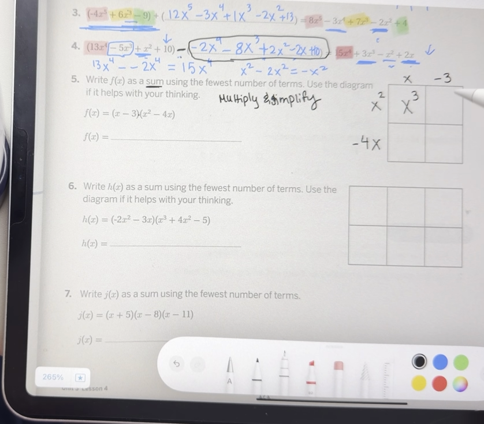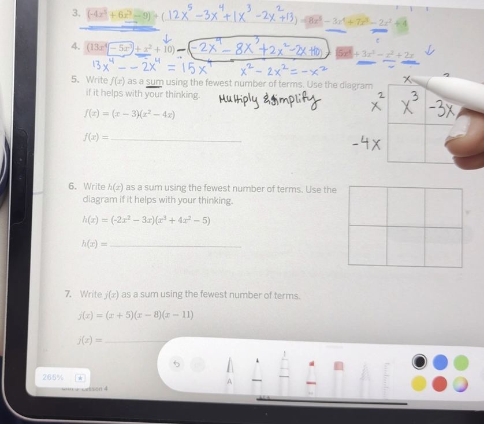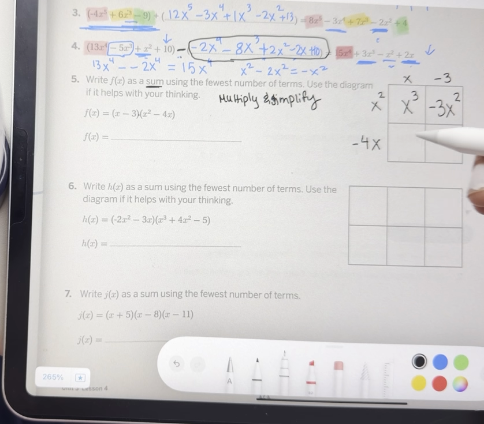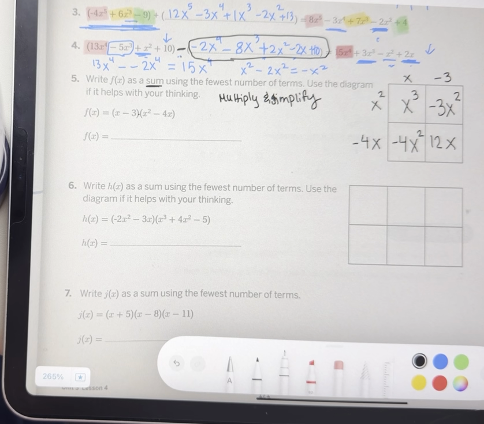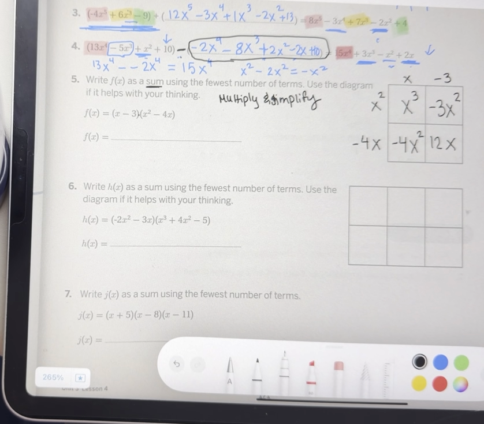X squared times negative 3 is negative 3x squared. X times negative 4x is negative 4x squared. And negative 4x times negative 3 is positive 12x. This right here is my answer inside here.